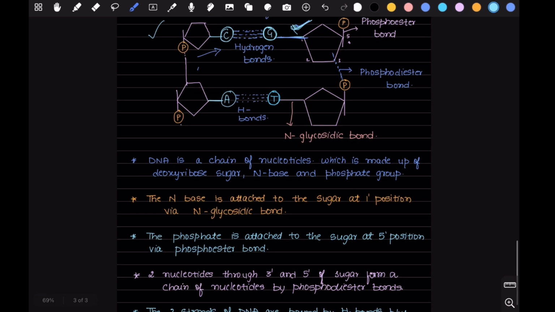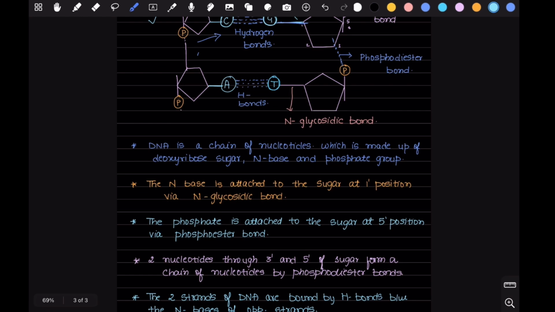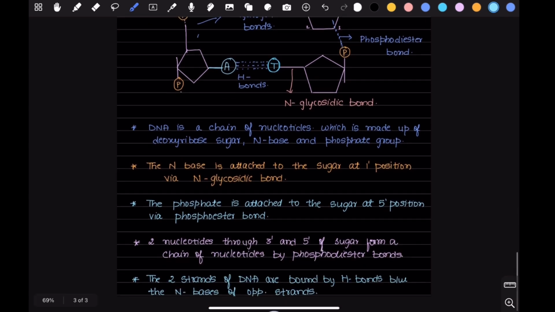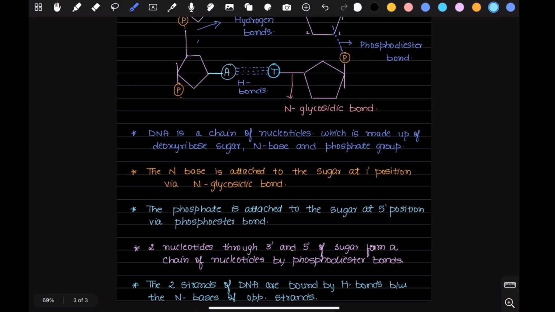The phosphate is attached to the sugar at the fifth position via a phosphoester bond. So this is the bond I am explaining. The bond between them is called the phosphoester bond. The two nucleotides through the third position and fifth position of the sugar form a chain of nucleotides.